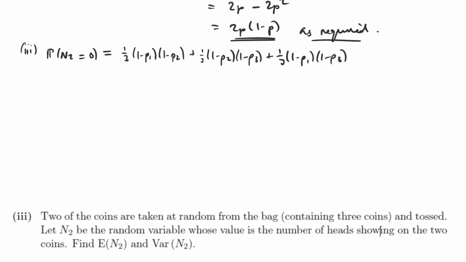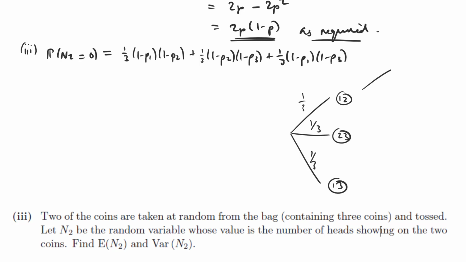Okay, and if you want to think of this in a sort of tree diagram kind of way, what I'm saying here is effectively that at the first step, I'm going to choose either coin 1 and 2, coin 2 and 3, or coin 1 and 3. These have all got equal probability, regardless of which 2 coins are chosen out of the 3.